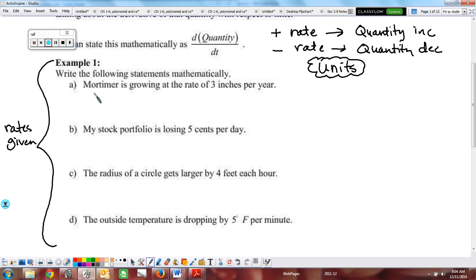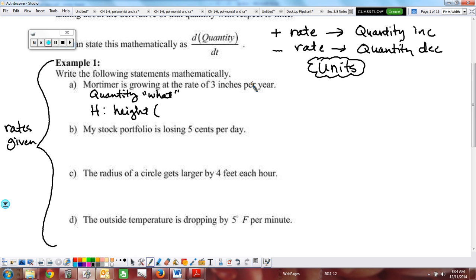So for example, if we see a sentence like Mortimer is growing at a rate of 3 inches per year, your first step is to identify the quantity that you're talking about. The what is changing. So if you look at this, Mortimer's growing, what's changing? His height. So you identify your height as a variable, we name it, and we give units to it.